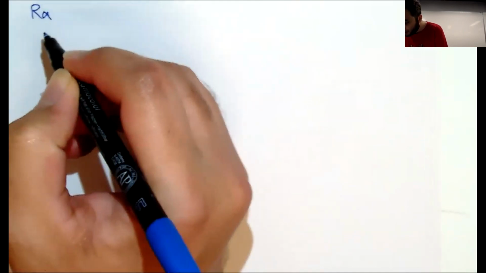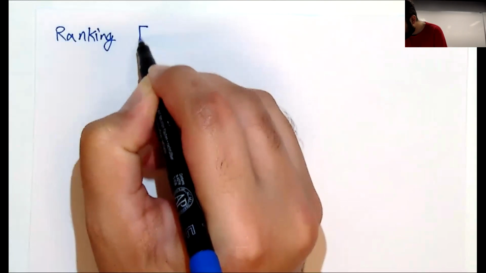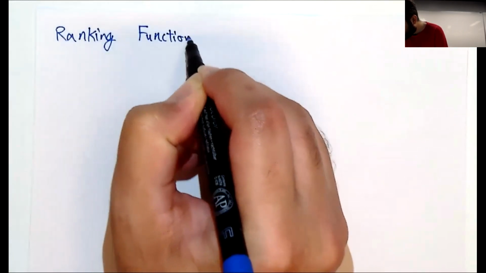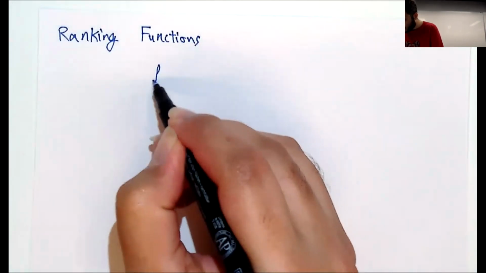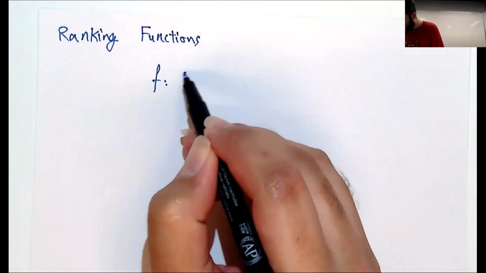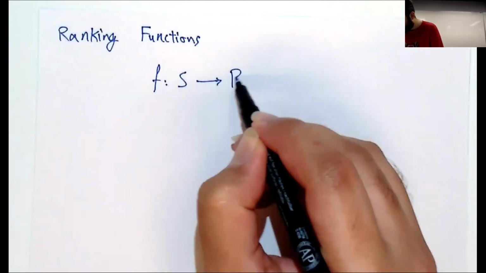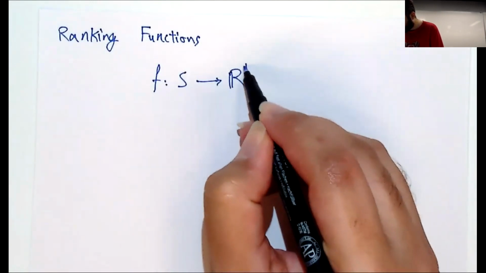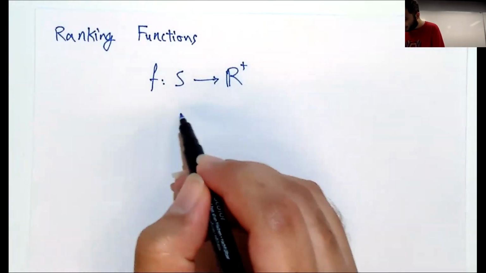Okay, so let's just do some playing with our ranking functions. So here's an alternative definition of a ranking function. I can say that my function f maps S to, let's say, R or R plus, or maybe to non-negative reals.